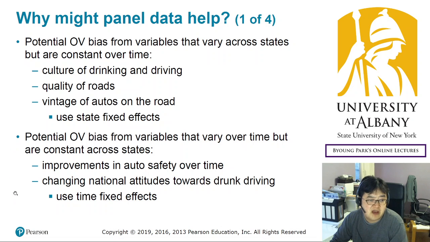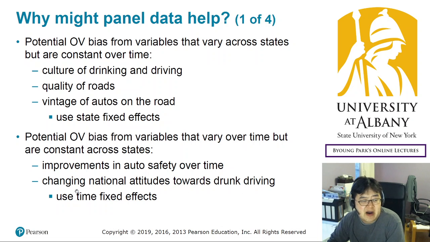On the other hand, there may be some omitted variables that are specific to a certain time or year, but constant across states. It changes at the same time across all states. Something like improvements in auto safety over time, maybe technologically or because national law may require more safety options, for example, or changing national attitudes toward drunk driving.